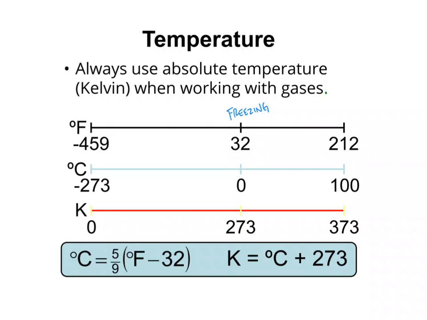Water boils, this is the boiling point of water, at 212 degrees Fahrenheit, which is equivalent to 100 degrees Celsius, which is equivalent to 373 degrees Kelvin. 0 Kelvin is equal to minus 273 degrees Celsius and minus 459 degrees Fahrenheit.